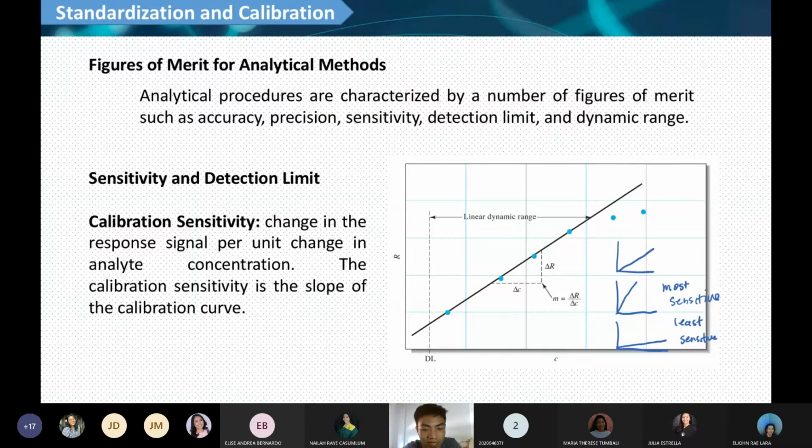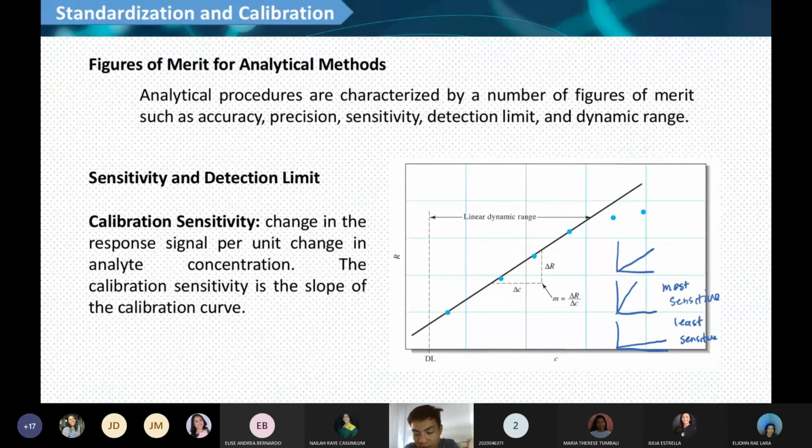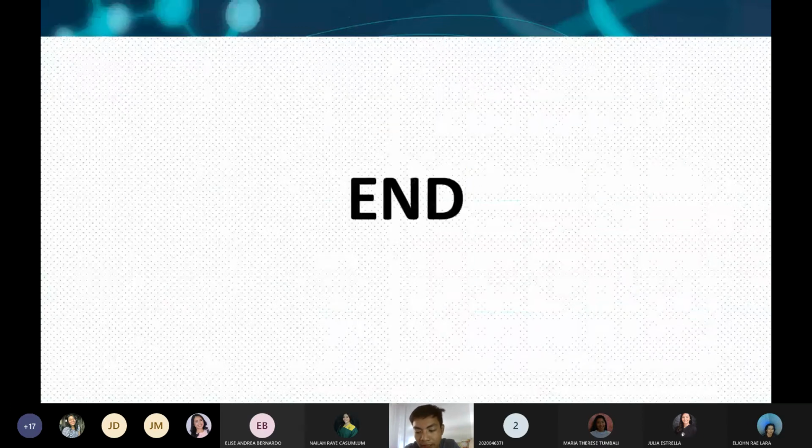Hindi na namin siya ginawa ngayon. Kasi marami pang statistics that will be involved dito. Regression, alam niyo pa ba yung formula nun? So, alam ko hindi na. So, yung mga ganung bagay, they will be discussed na lang sa inyong biostatistics, which is, I don't know, next year or next sem. So, ganun. So, we're actually done now.